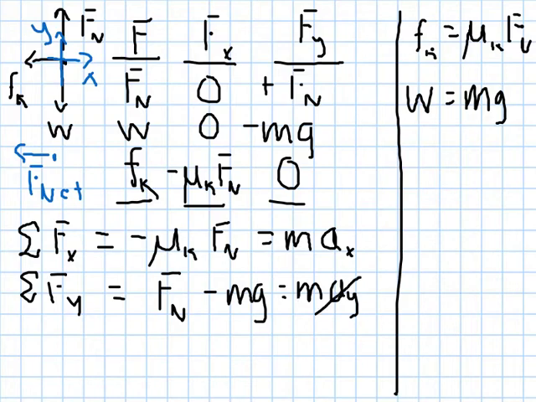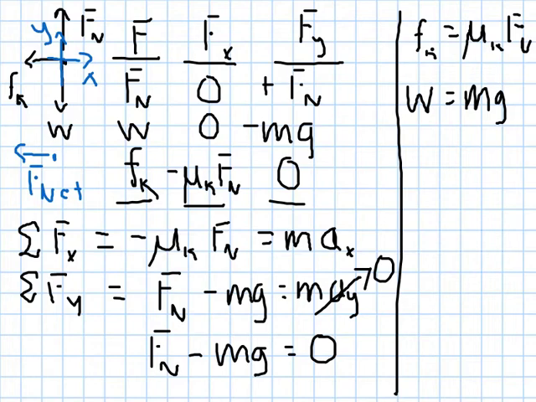But I know that it's not accelerating in the y direction. The car is not accelerating into or off of the road, which tells me that this normal force minus the weight mg is actually equal to 0. I'm about out of room, so I'm going to have to continue this problem on the next page.